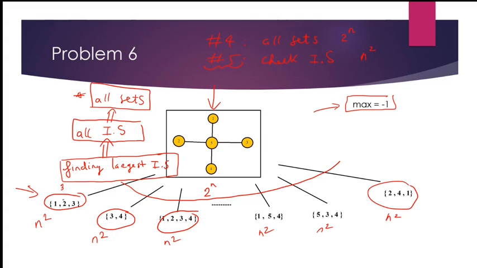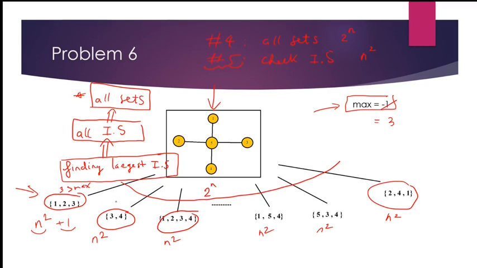So the size of this one is 3, and you compare it with max. Since 3 is greater than max, you update it to 3. For the comparison operation, we already assume it takes 1 second, so it's +1. Thus, the total time for checking independence and comparison, if it's independent, is n squared plus 1.